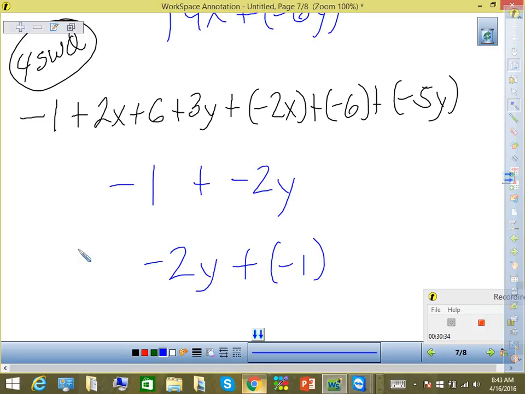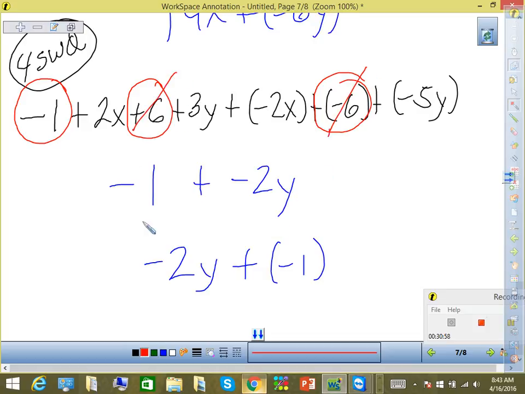Okay? And here goes the process. For those of you that brought your colored pens, this is the time that you can use them to differentiate one thing from another. So watch. I'm going to use red first. I'm going to start with the integers. Negative 1, positive 6, and negative 6. Do you guys see any zero pairs?